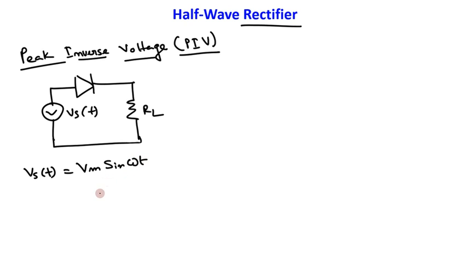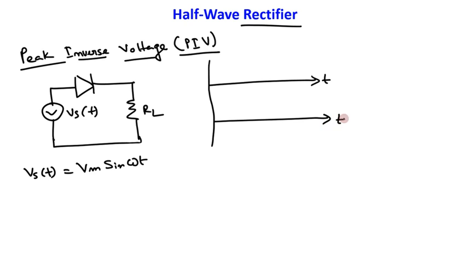So if we plot it, this is time, this is also time, and here it is the voltage axis. And say this is Vm, this is 0.